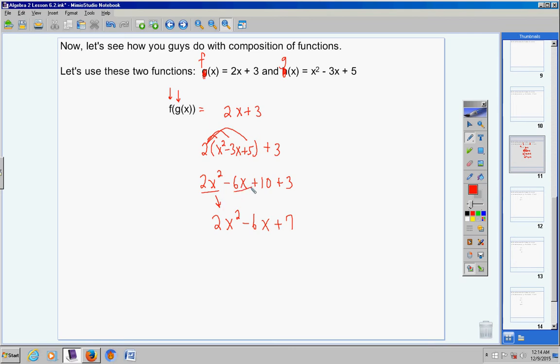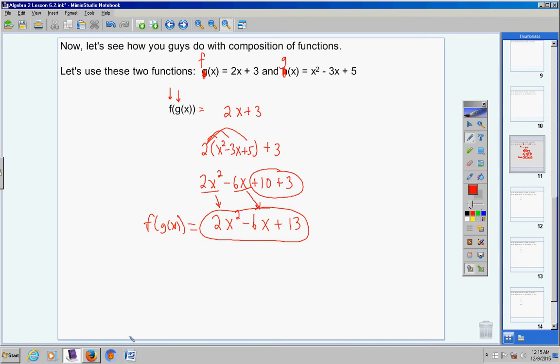There's only one x term, so bring it down. Here's 2 constant terms. Combine those and, wow, where'd I get 7 from? That's interesting. There we go. Okay. So there's your answer. That's f of g of x. F of g of x equals this right here.